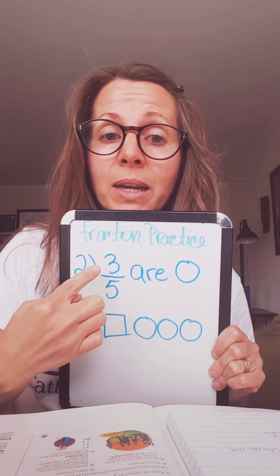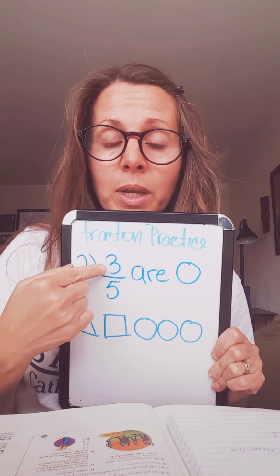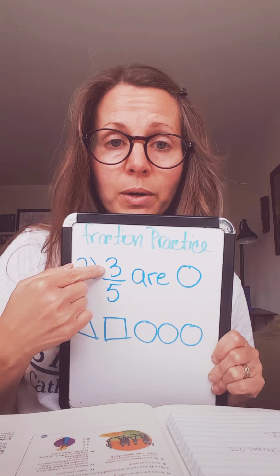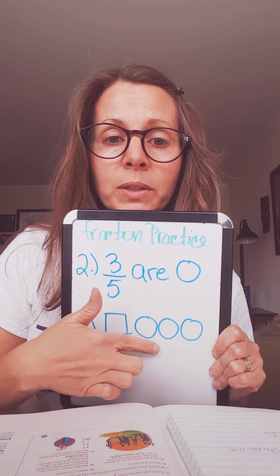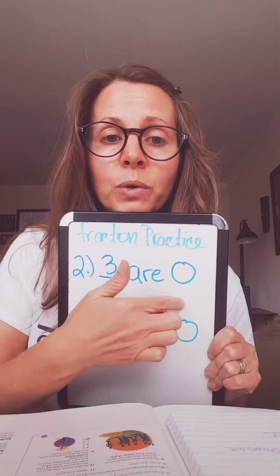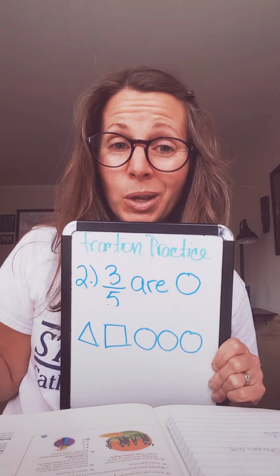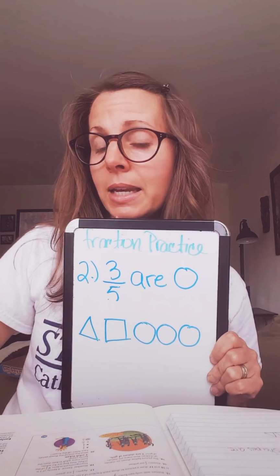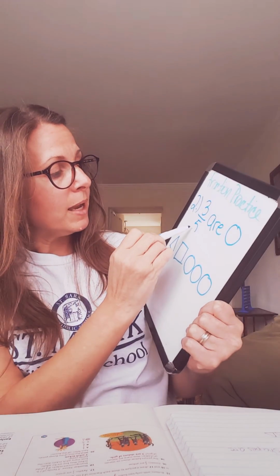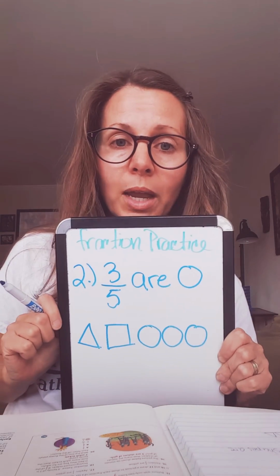But how many of them had to be circles? 3, because 3 is in the numerator, okay? So to show 3/5, you had to have 3 circles in your set of a total of 5. It doesn't matter to me what the 5 were, as long as you had 5, and 3 of them were circles, okay?